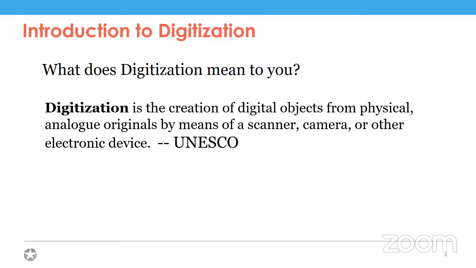And if you didn't know, I learned this recently, UNESCO stands for the United Nations Educational, Scientific, and Cultural Organization. Always heard of UNESCO, but never knew exactly what it was. So yeah, they are pretty authoritative on the subject matter.